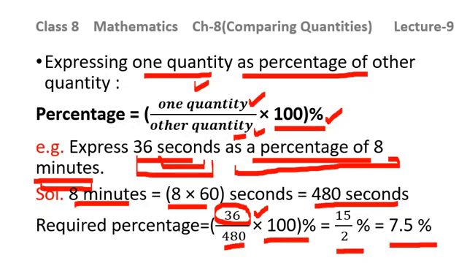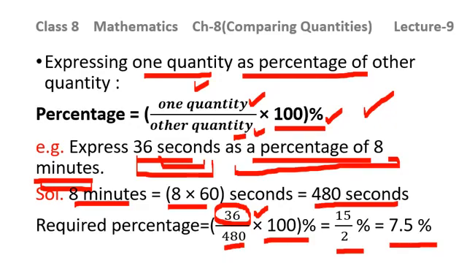So if you need to express any quantity as a percentage of another quantity, then you need to use this formula, one quantity over other quantity into 100%. But you need to find out which quantity is to be written in the numerator and which one in the denominator. Here in this example, I need to express 36 seconds as a percentage of 8 minutes. So 8 minutes is the whole quantity.